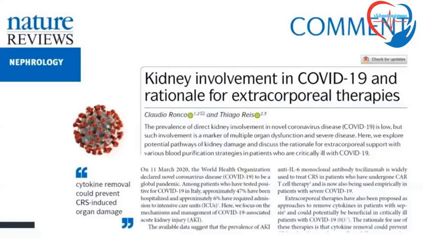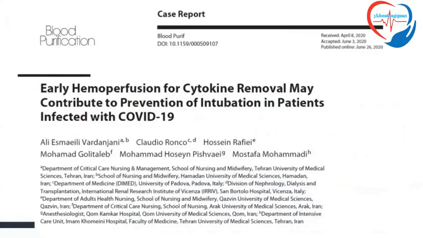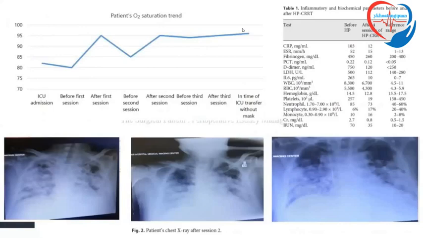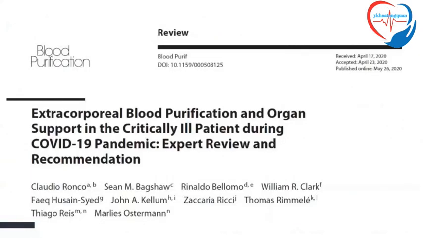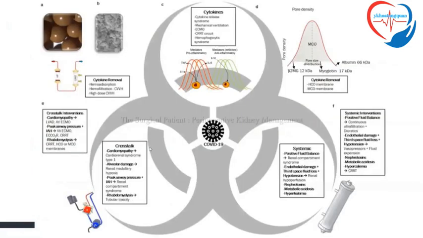We have recommended the use in patients with COVID, and indeed we had a specific experience where, together with other investigators in the world, we found improvement in pulmonary exchanges after application of 1 or 2 sessions, enough to make some expert review recommendation. You see that in the recommendation, cytokine removal represents one of the pillars of the therapy of COVID.